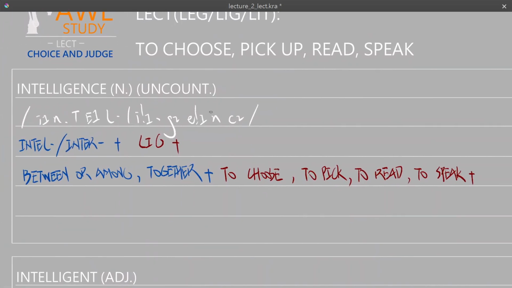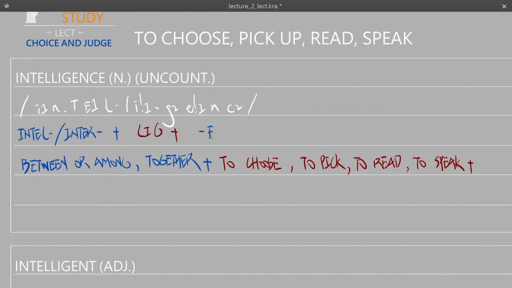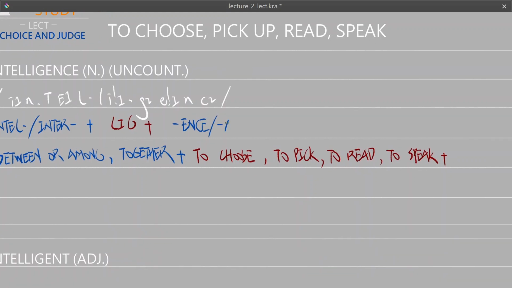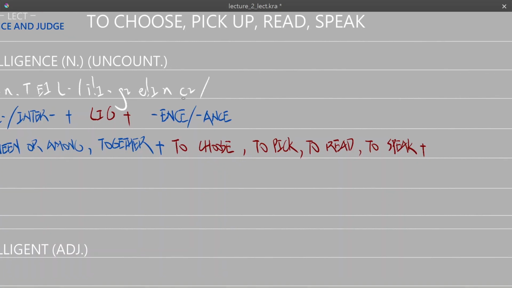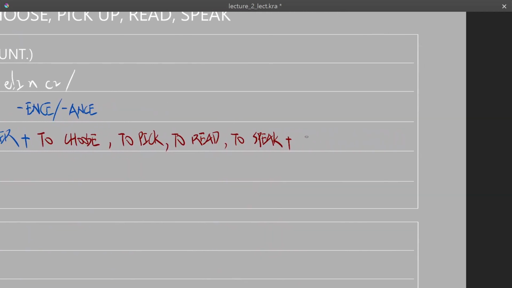And lastly, we have a noun suffix ence, or its variant ance, meaning condition.